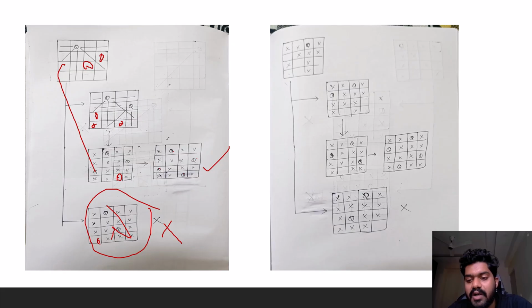And the third case is putting a queen in the first row, third column, and after putting it there, in the second row I am left with only this place. When I put a queen in this place, I'll have 3 places left. These are the 3 places. I'll put a queen in the third row, fourth column. After putting a queen in the third row, fourth column, I am left with this place, and I'll put a queen there, and it is also a solution.